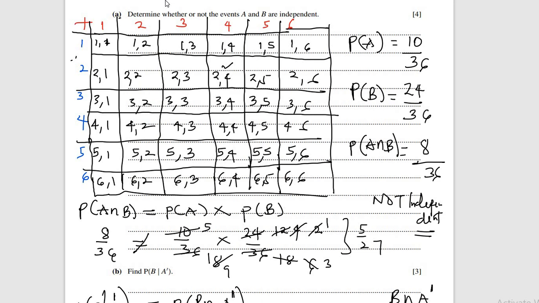Difference here is 4. No. Difference here is 3. No. Difference here is 2, and the sum is greater than or equal to 6. Difference here is 1, and the sum obeys. Difference is 0, the sum obeys.